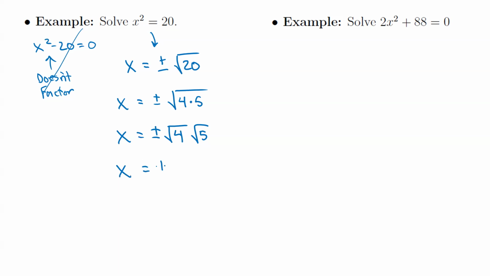So x is equal to plus or minus 2 root 5. And that's fine right there to write it like that. But I do want to emphasize, understand that this means there are two distinct solutions: negative 2 square root of 5 and positive 2 square root of 5.